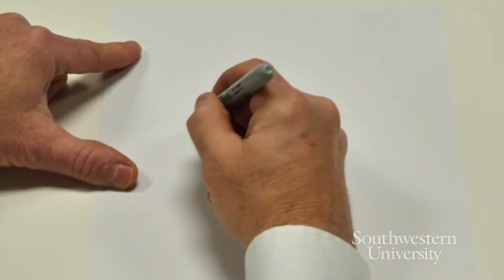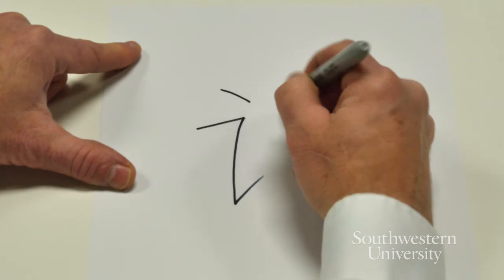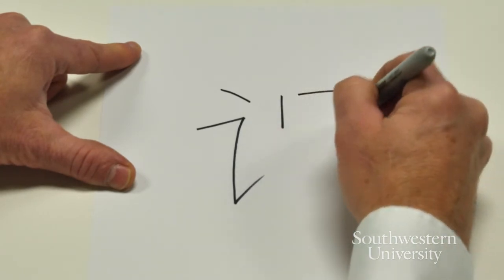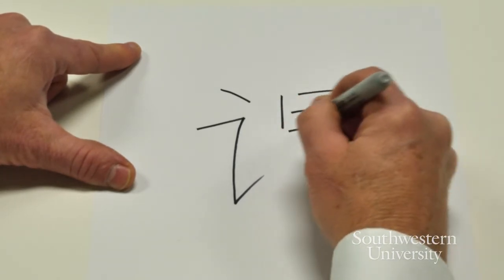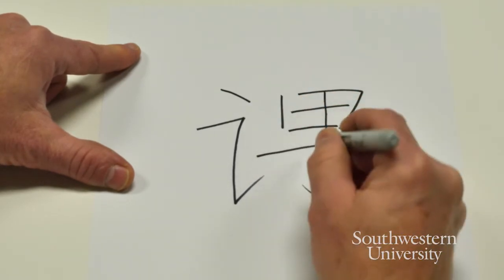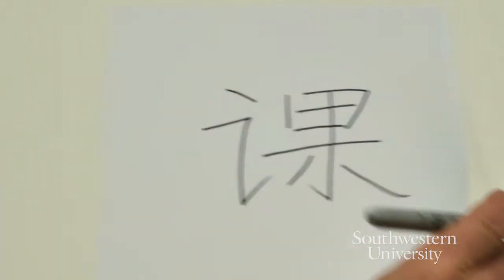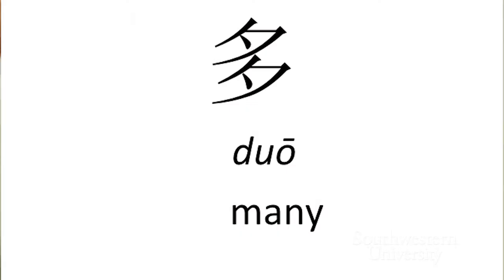Dian, hung, ja, go, shu, hung, ja, hung, and then we do the next hung, shu, go, pie, na, ke. So gong ke, the effort you spent on a lesson, is homework.